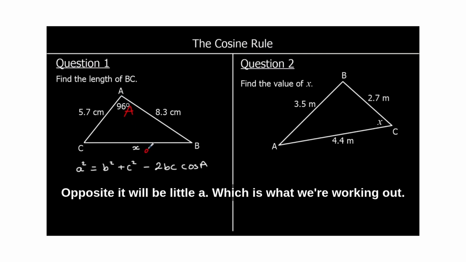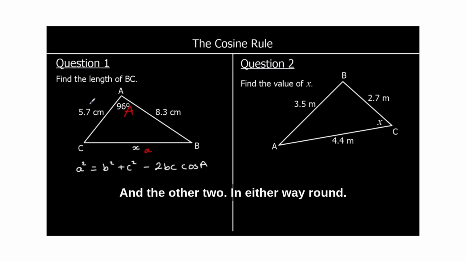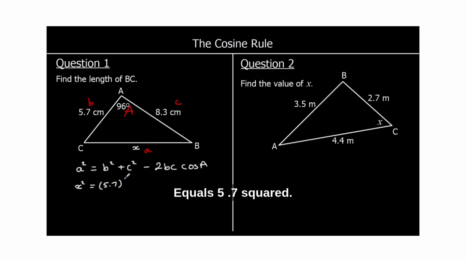Opposite it will be little a, which is what we're working out, and the other two in either way round are called b and c. So substituting in, we've got x squared equals 5.7 squared plus 8.3 squared minus 2 times 5.7 times 8.3 cos 96.